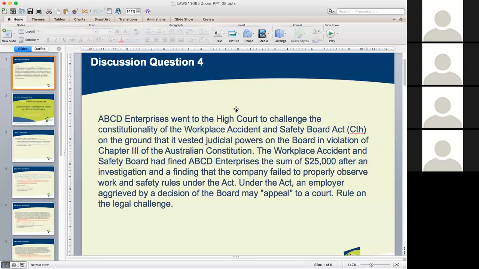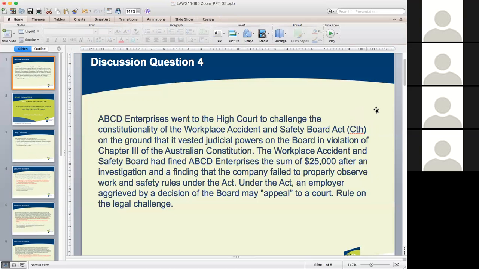ABCD Enterprises went to the High Court to challenge the constitutionality of the Workplace Accident and Safety Board Act, Commonwealth, on the ground that the Act vested judicial powers on the board in violation of Chapter 3 of the Australian Constitution.